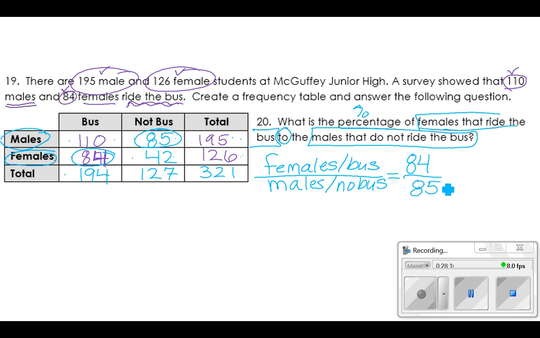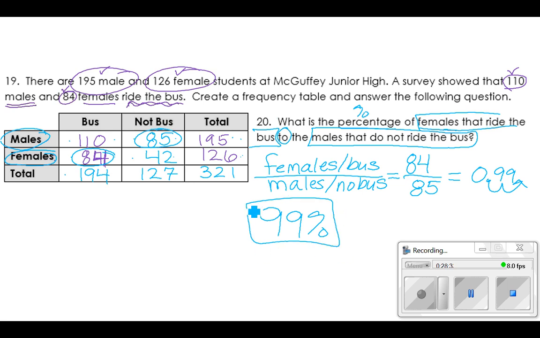If you use your calculator and you round correctly, you get 0.99 as your relative frequency. You're going to move the decimal over 2 places or multiply by 100, and that's going to give you 99% as your final answer. And this completes the Unit 6 study guide.